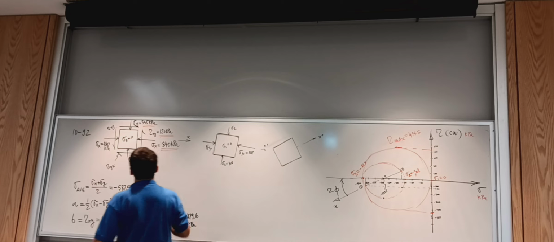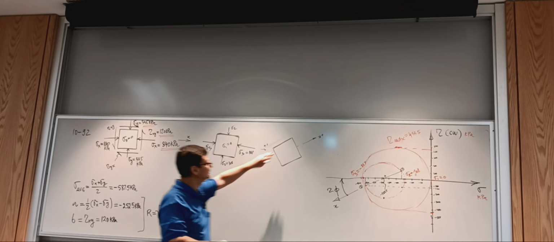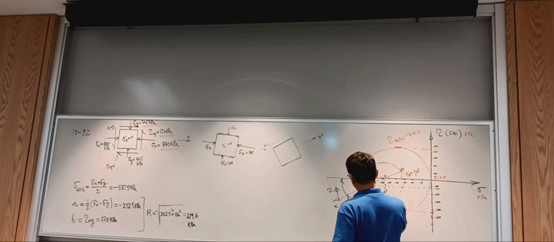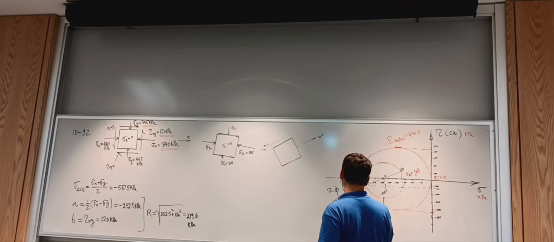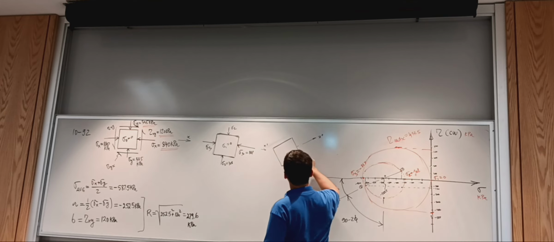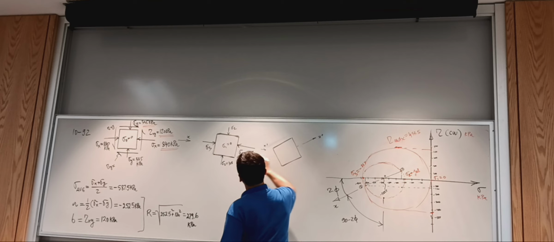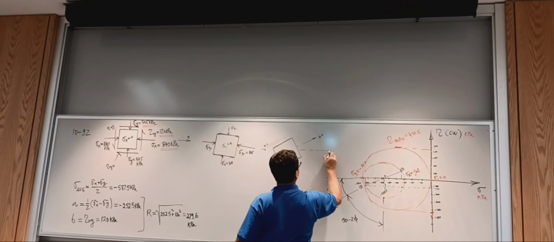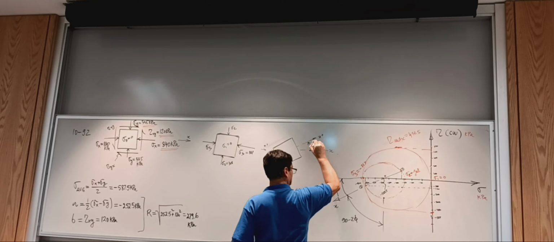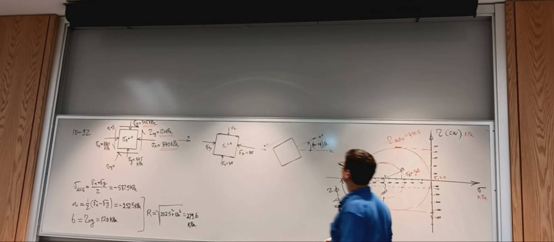If I'm to measure from here to here, I'll have to take this angle, and it will be 90 degrees minus 2 phi, the true angle. But the one here, this is x, would be 90 minus 2 phi divided by 2, or 45 degrees minus phi.